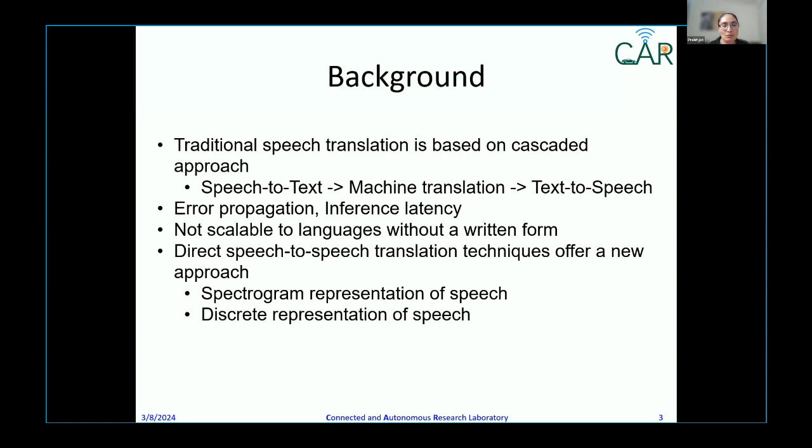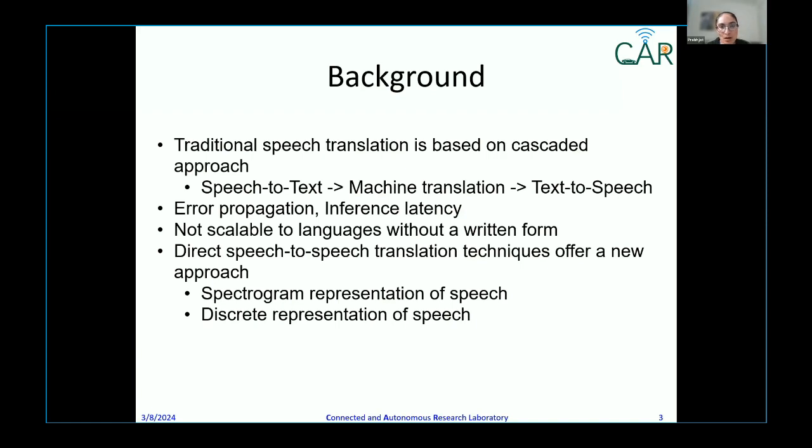And then we do machine translation, which converts the text in the source language to text in the target language. And then the final step is converting that text to speech again in the target language. All of these three subcomponents are usually pre-trained models specifically for speech-to-text, machine translation, and text-to-speech.